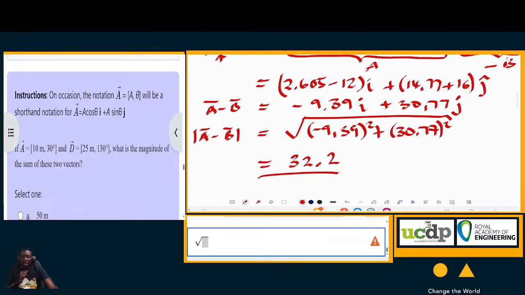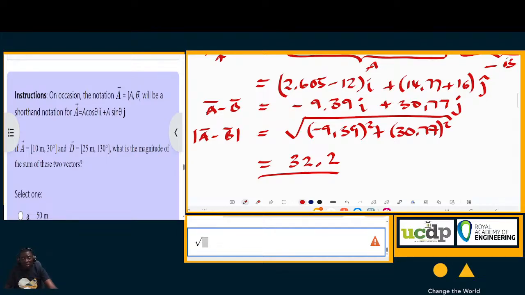So yeah, at times you don't want to lose marks unnecessarily. At times you also need your method marks because the working is also very important. So just take things step by step. You get your components, operate the components of the same direction together, the I alone, the J alone, and get to your final answer.